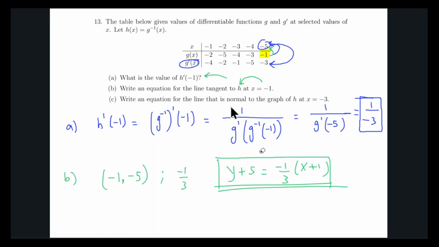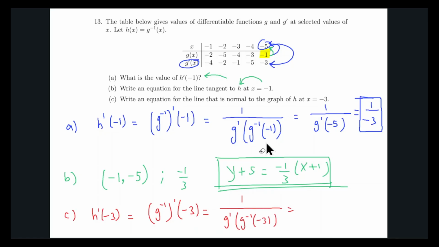Then they're asking what is the equation of the line that is normal to the curve at negative 3. So for normal, unfortunately, first I need to find the equation of the tangent or the slope of h at negative 3. So once again, if I'm looking for h prime negative 3, basically I'm looking for g inverse prime of negative 3, which is 1 over g prime of g inverse negative 3.